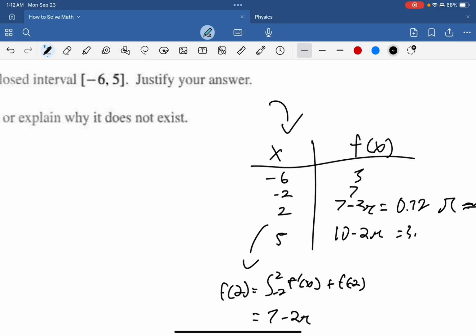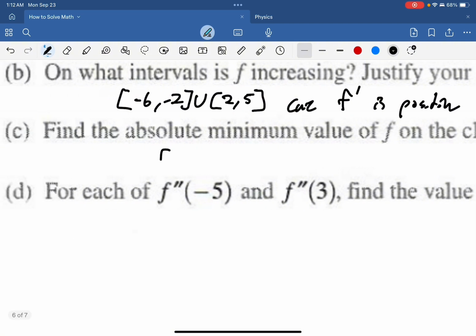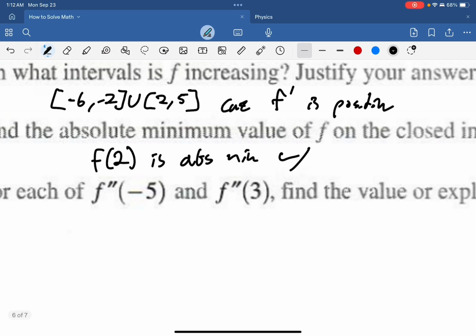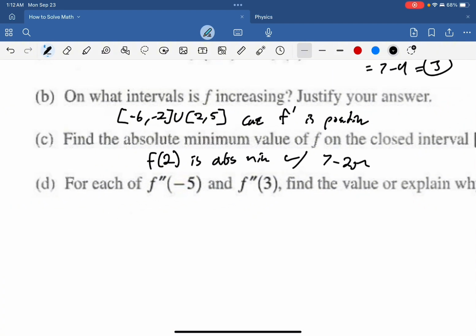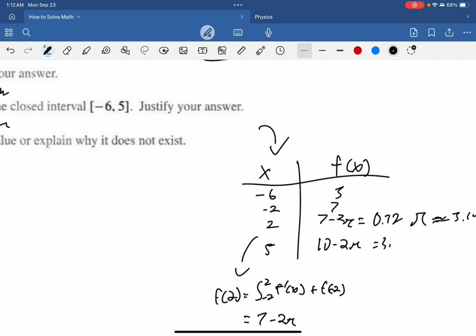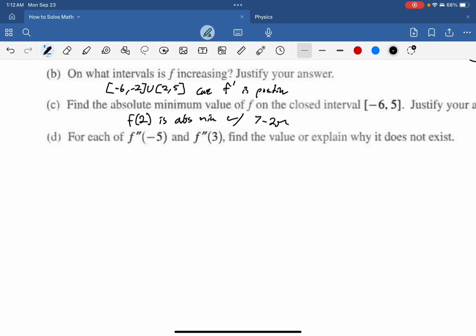So yeah, that is your lowest value, and you're gonna say right here, f of 2 is the absolute minimum with 7 minus 2 pi, and you'll get full points because this is your justification right here. Your candidates test is your justification, and as long as you write that out, you'll be good.